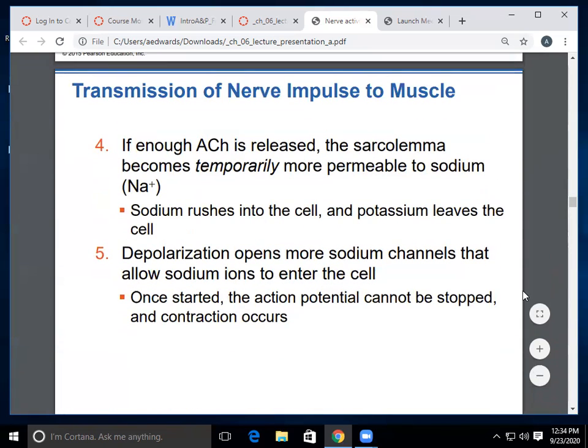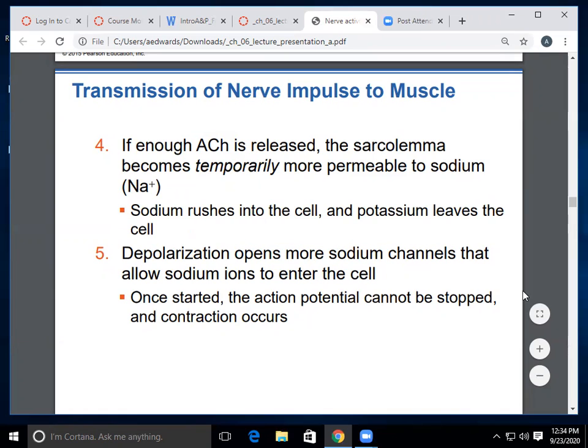So then what? If you get enough acetylcholine that gets released, that sarcolemma, the cell membrane, will become more permeable to sodium ions for a moment. It's not permanent, but for a while. So at that point, sodium ions can go into the muscle cell, and potassium is going to leave the cell.